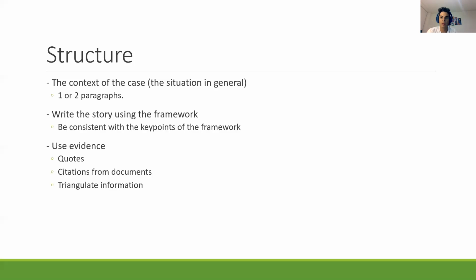So let me try to be very clear. When you write your case, don't write it like first this happened and then this other thing happened. No, not like that. Write it in a sense that you can illustrate the thing that you wrote previously. Like if in the literature review you wrote that there are issues with the implementation of software in the way in which people use the software, well, that should be a section of the case study.